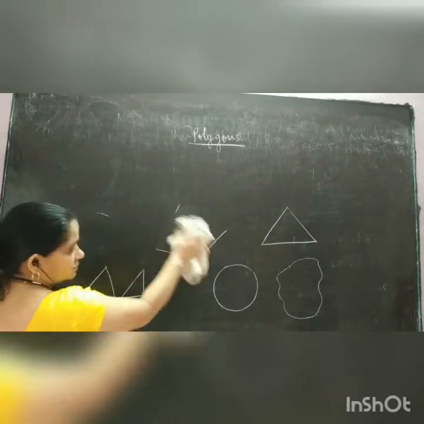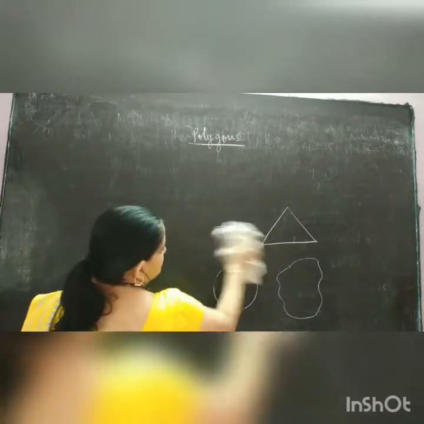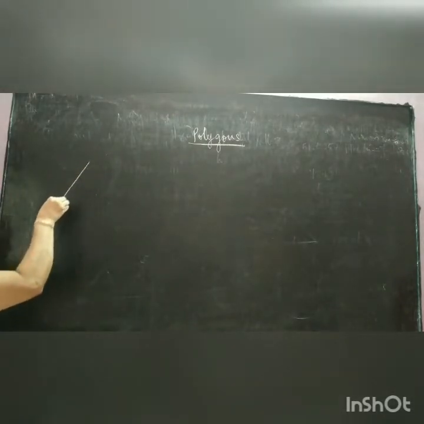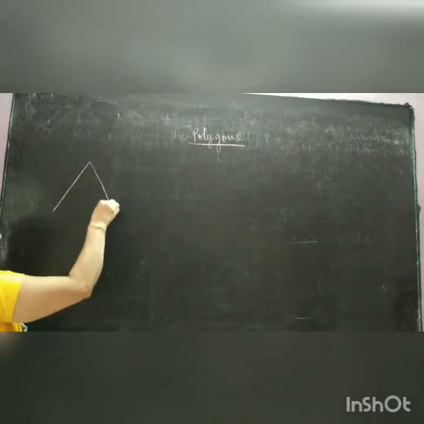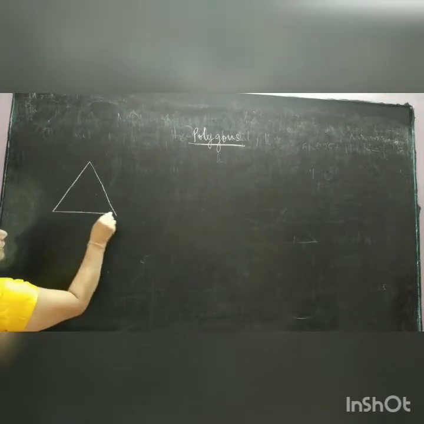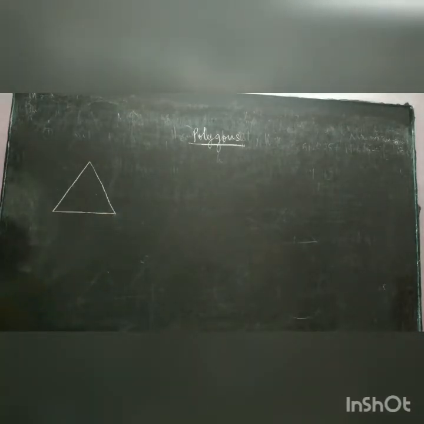So first polygon is nothing but which has three sides. Minimum 3 sides is required. By drawing 2 sides you cannot close the diagram. So the first one is a triangle. So 3-sided closed figure. First one is a triangle.